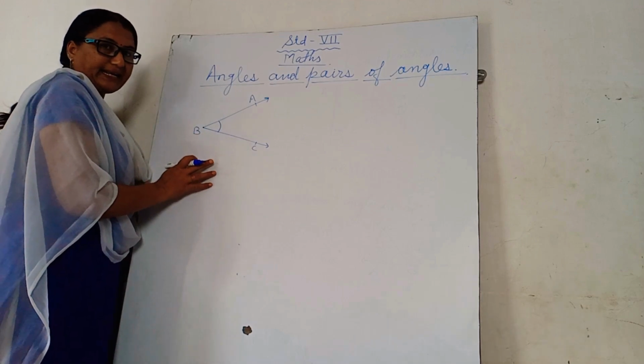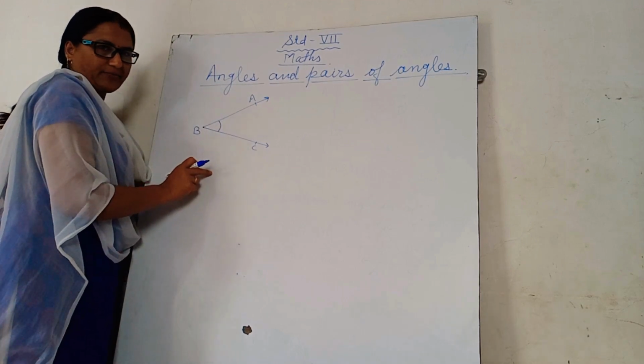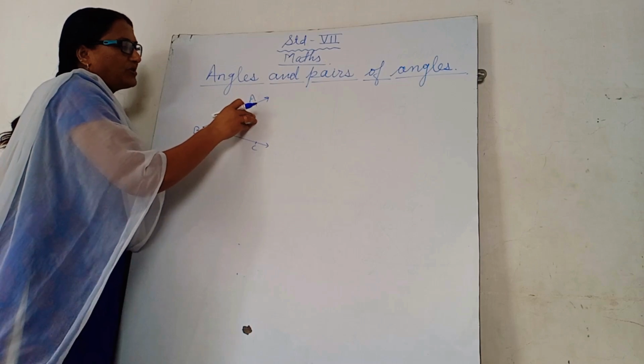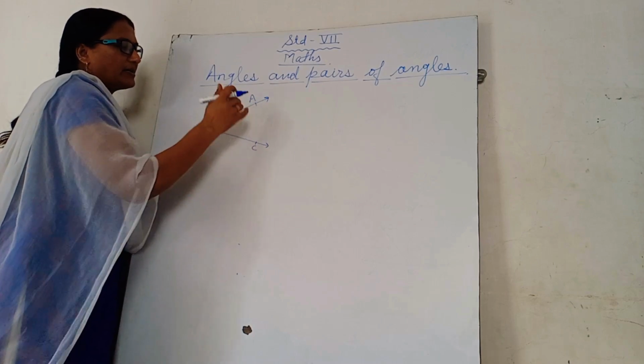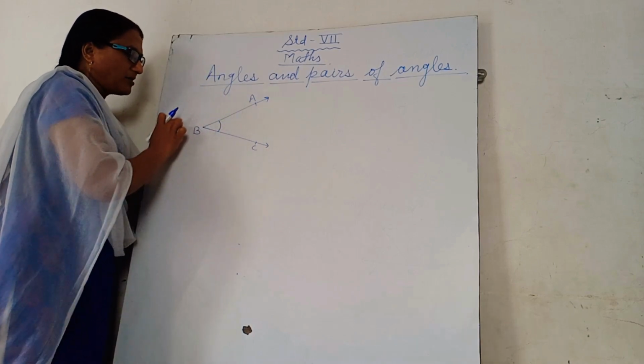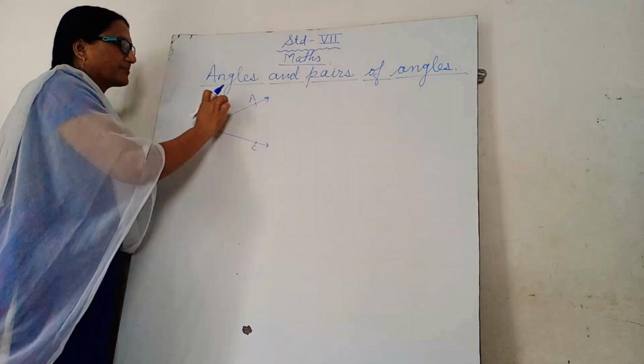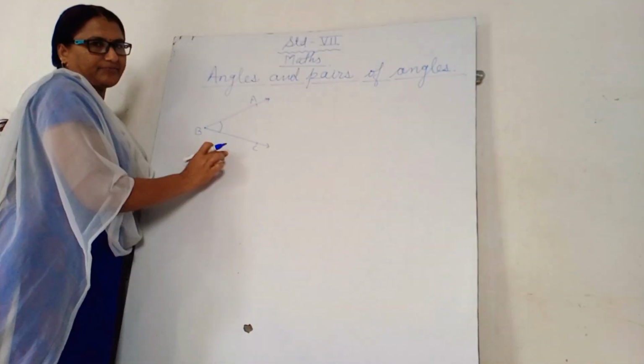What is the interior and exterior of the angle? The part which is inside the angle is the interior, and the part which is outside is the exterior.